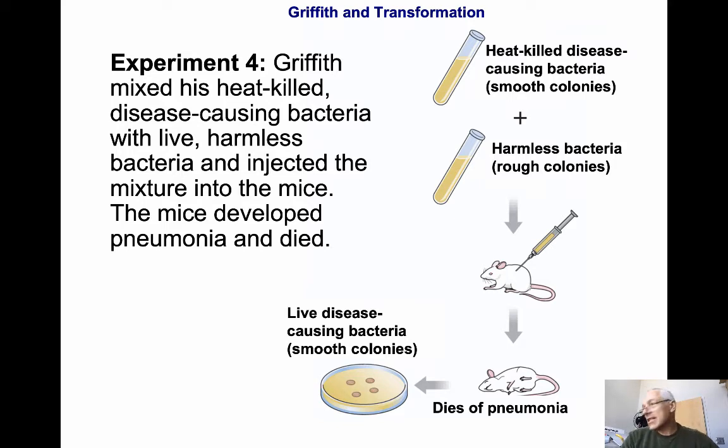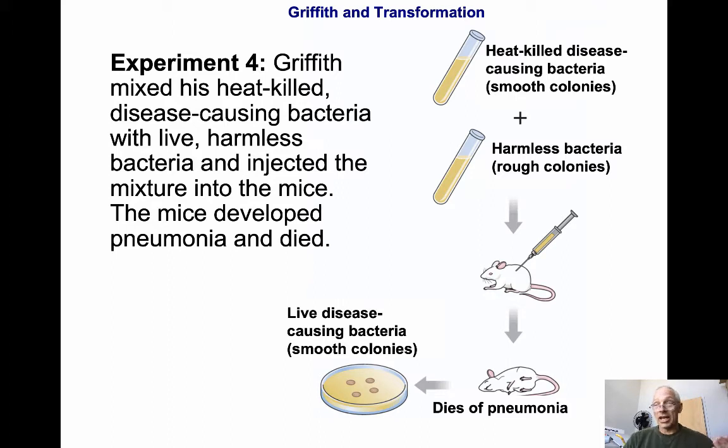He mixed some of the dead, killed bacteria that were the ones that made the mice sick with the living bacteria that didn't make them sick. And the mice that received both of those got sick and died.